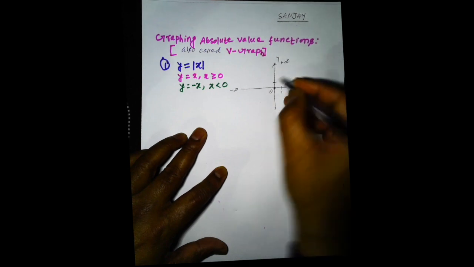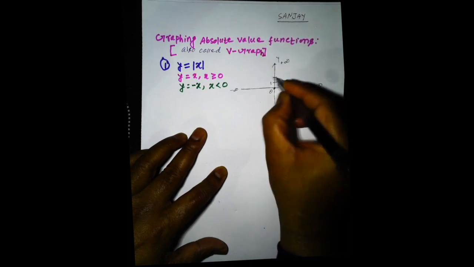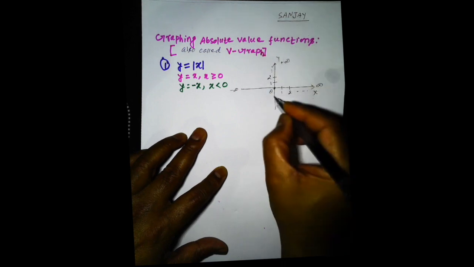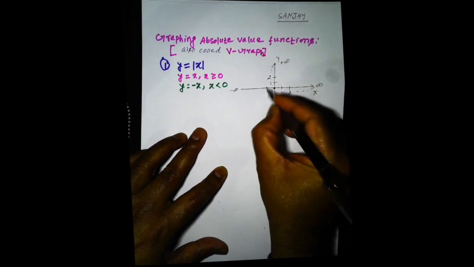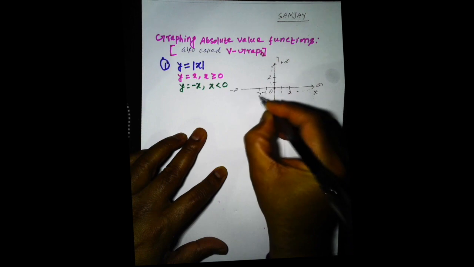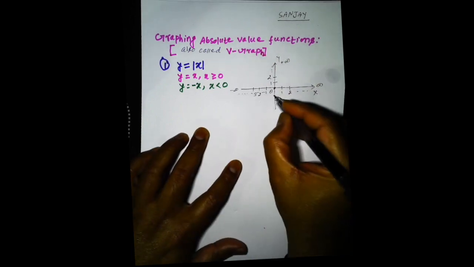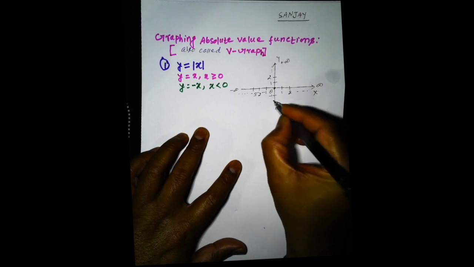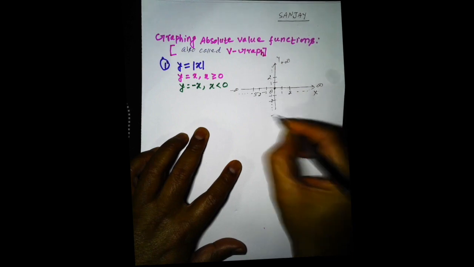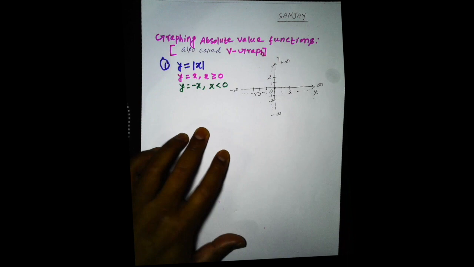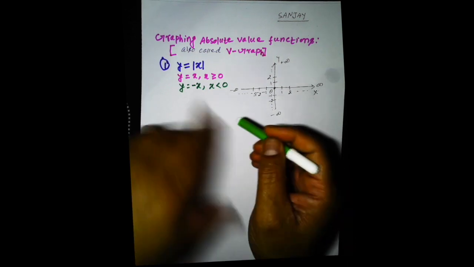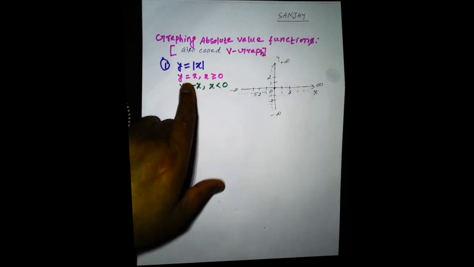You can also mark like this if you like, 1, 2, and so on. To the left you have negative 1, negative 2, negative 3, and it runs up to negative infinity. Similarly to the down, it is negative 1, negative 2, etc. up to negative infinity.